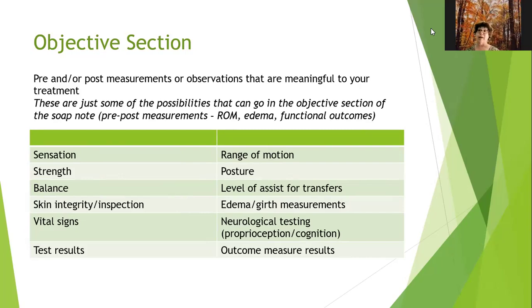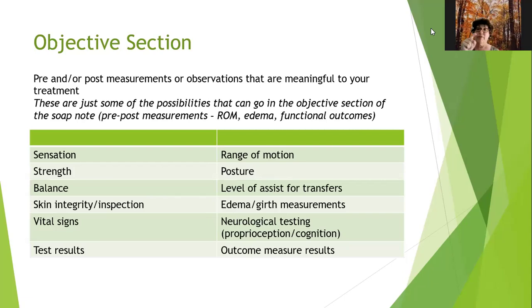If you do a Berg balance test or retest one section of the Berg, the data results go in the objective section. If you do a 5-time sit to stand, the time that you measured on the stopwatch that it took you to do it goes in the objective section.